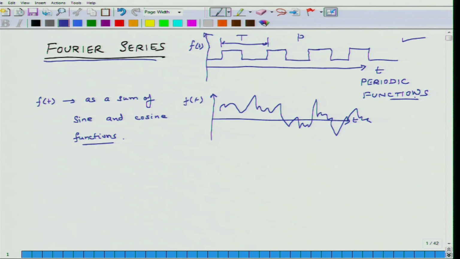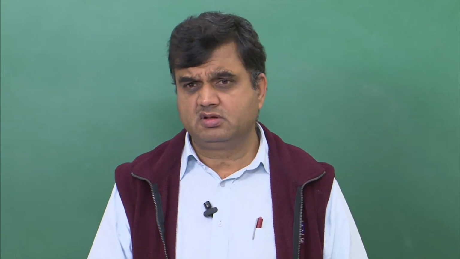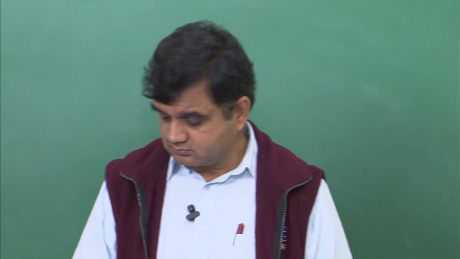That is our fundamental goal, that if we have a periodic function, can I express it as a sum of sine and cosine functions? The question will be why are we interested in doing that?